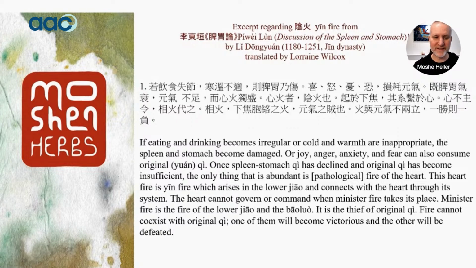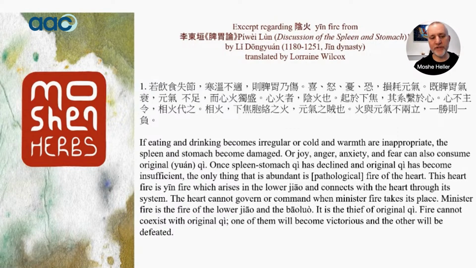Once they are declining, the fire in the heart becomes pathological. And this heart fire is Yin Fire, which arises in the lower jiao and connects with the heart through its system.